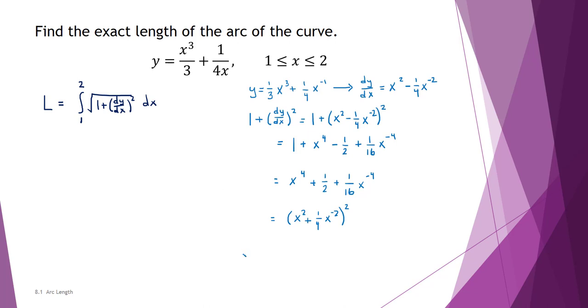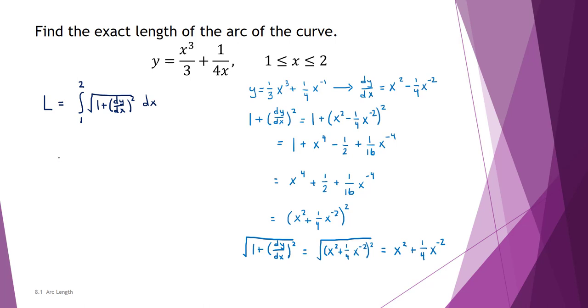The reason this helps is that my integrand is actually the square root of 1 plus the derivative squared. So that's the square root of (x squared plus 1/4 x to the negative 2) squared, which simplifies to x squared plus 1/4 x to the negative 2.